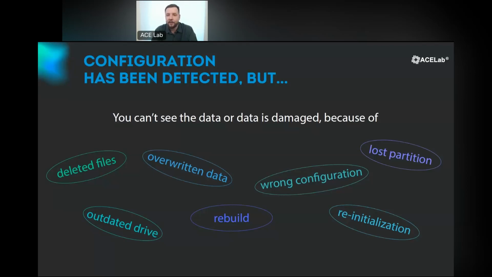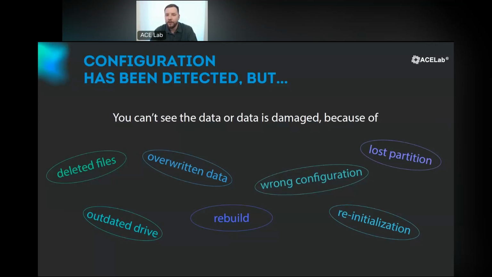Or maybe a few drives in your RAID have bad heads, so you don't have all the data, and some metadata is damaged, so that's why you can see damaged files, or maybe a damaged file system. But actually, maybe your configuration is not right. So there are a lot of reasons. And in real life, of course, you may not have only one reason. You may have several reasons together.